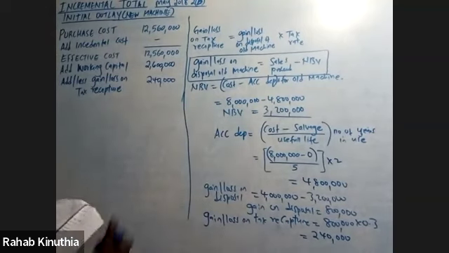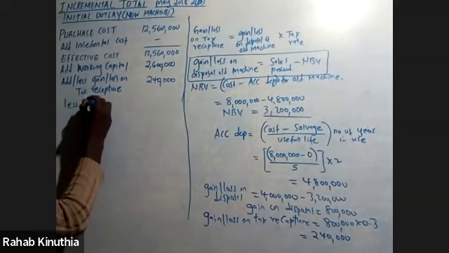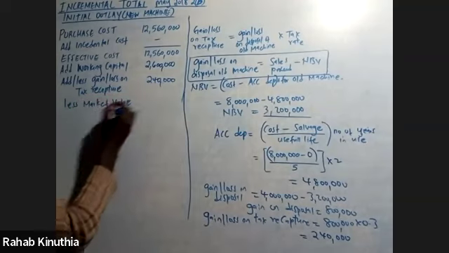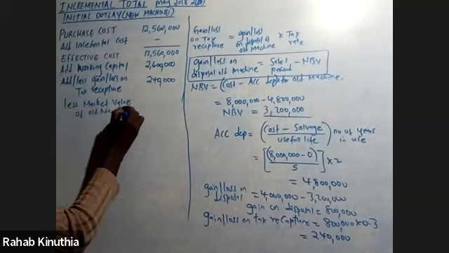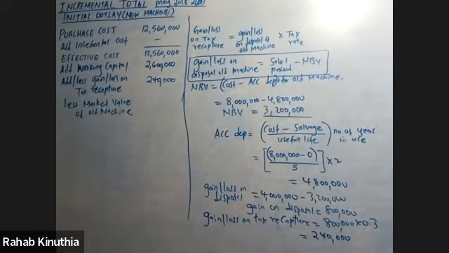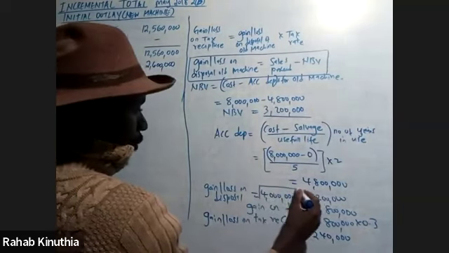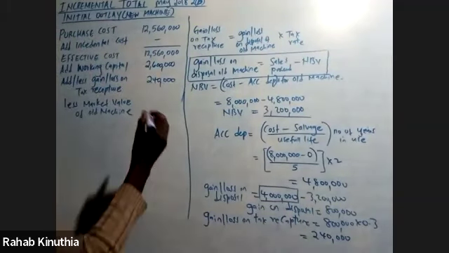And then, do we have anything else? We add working capital. So we less the market value of the old machine. Where did we have it? Isn't it this one? Yes, the sales proceeds, which is 4 million.